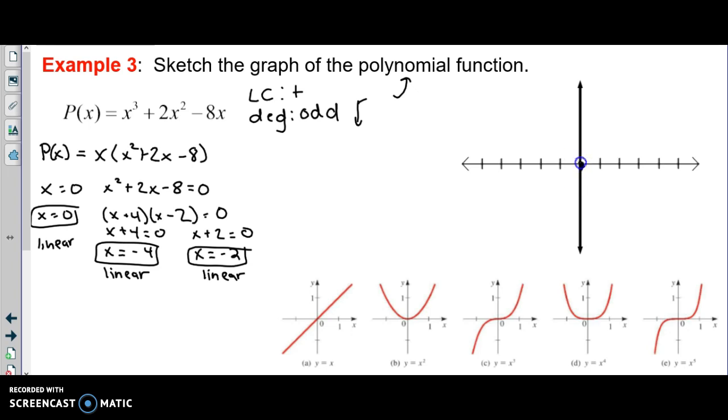At 0, x is at negative 4, and x is at, or sorry, x should be at positive 2 here.